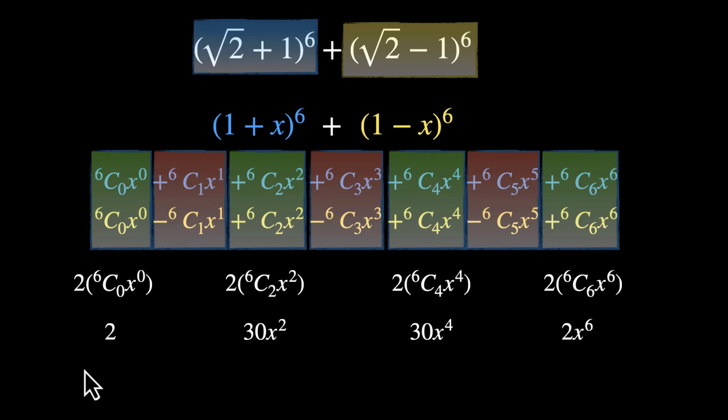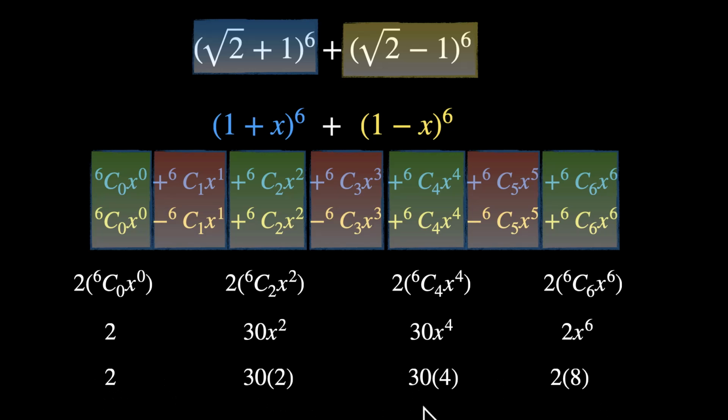Let's add all of them up. We have 2 + 30x². x is √2, x² is 2. Plugging it back, we have 30 times 2. When x² is 2, x^4 will be 4, so we have 30 times 4. x^6 will be 2 times 4, that's 8. So this is 2 times 8. Add 4 of these and you get your answer.